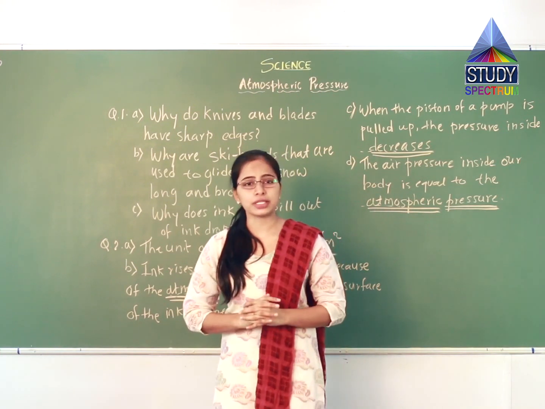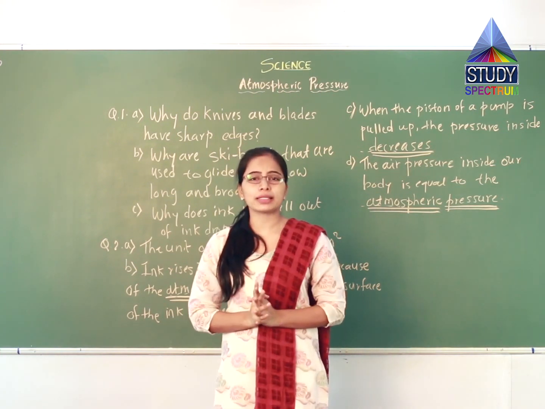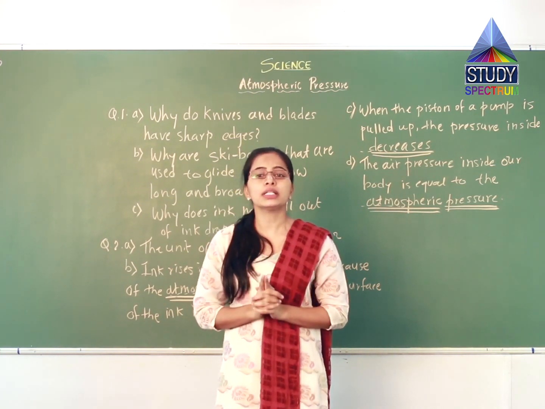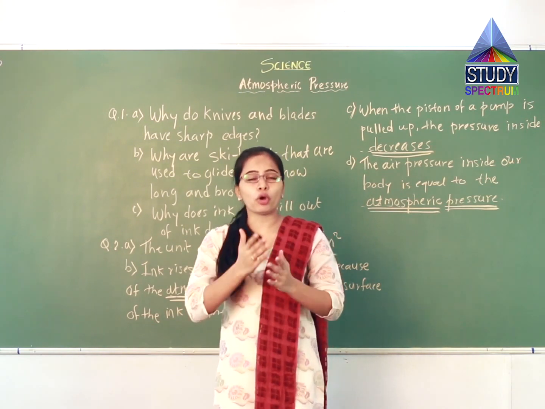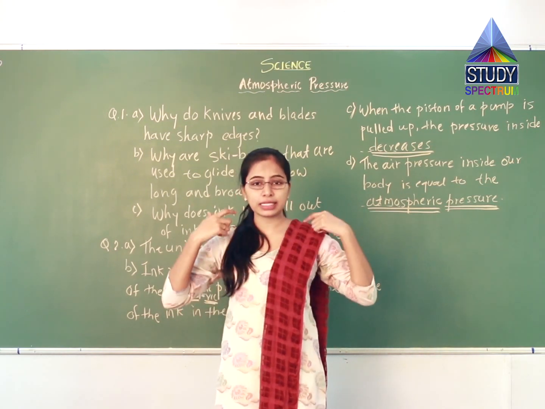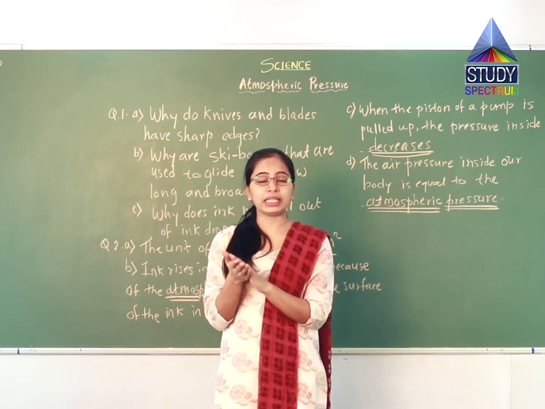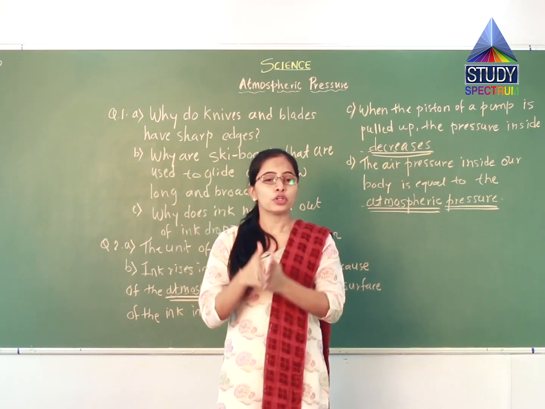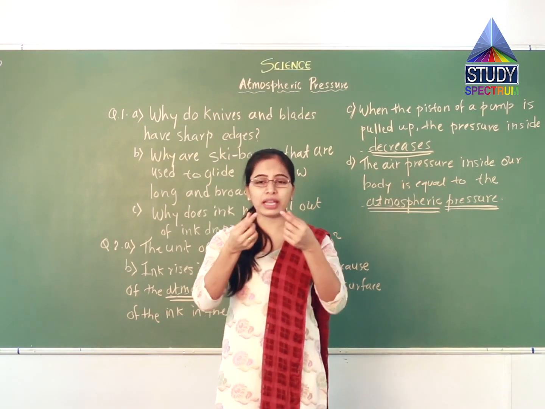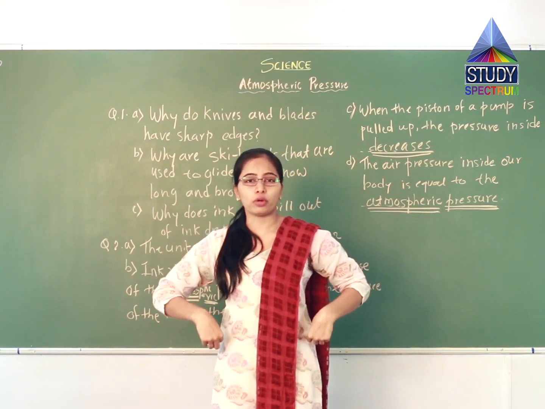Now the first question is, why do school bags have broad shoulder straps? Definitely you all have school bags. You can see their shoulder straps are quite broad, and most probably they have sponge in between them. So why is this so? They could have rope-like straps too, no?